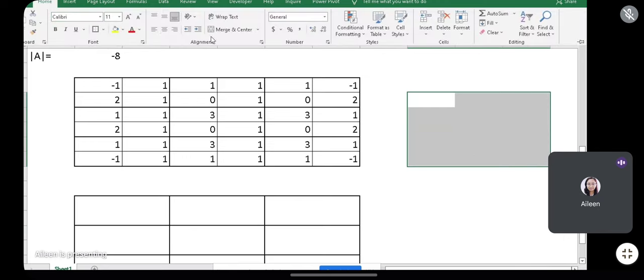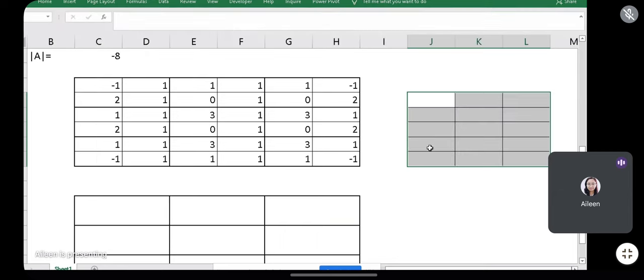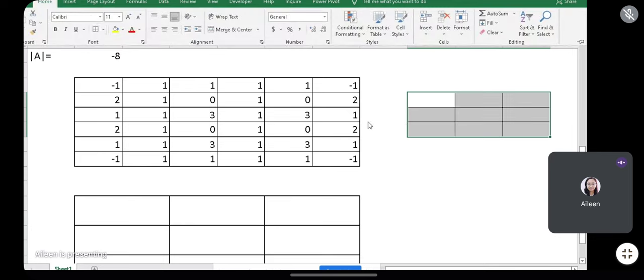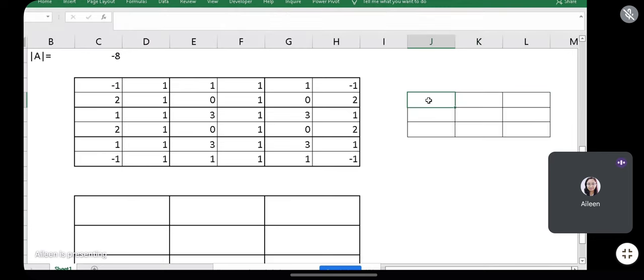For our 3 by 3 matrix, columns 1, 2, 3 and rows 1, 2, 3, what is the sign here? This is positive, this is negative, this is positive, then negative, positive, negative.